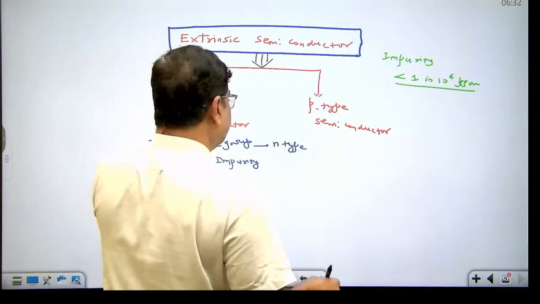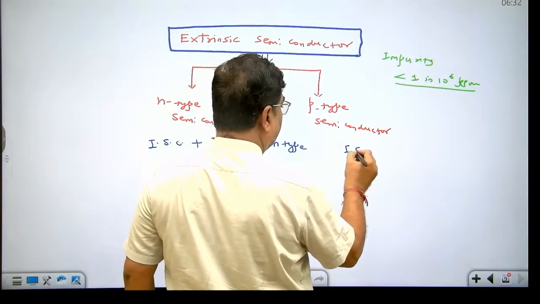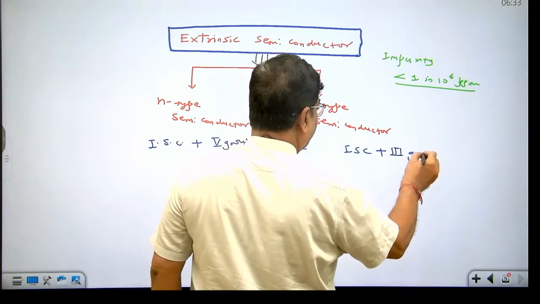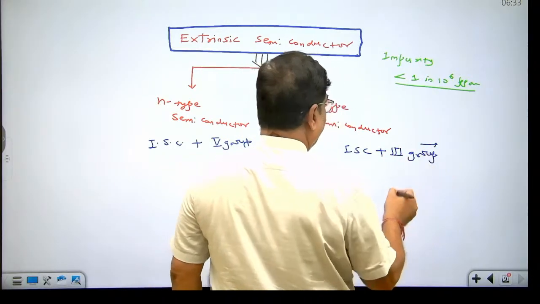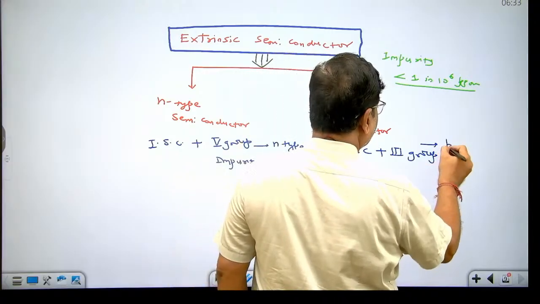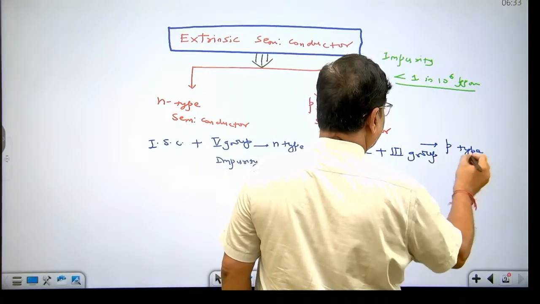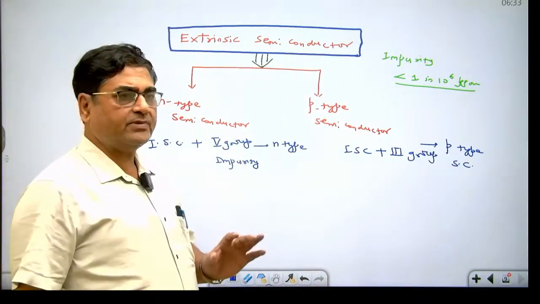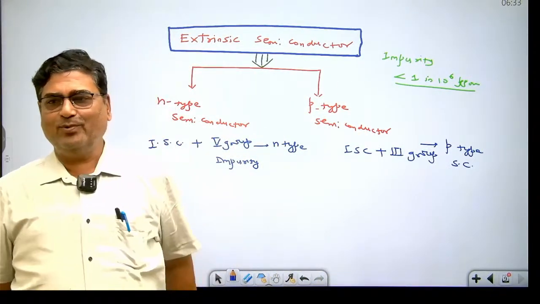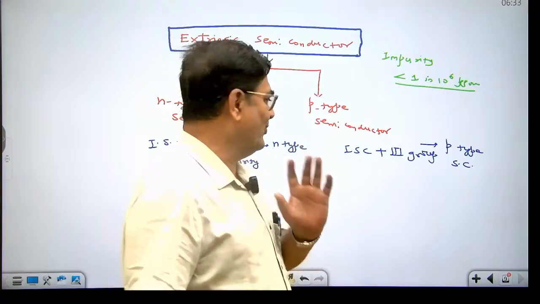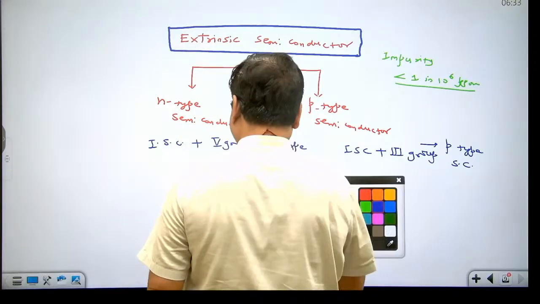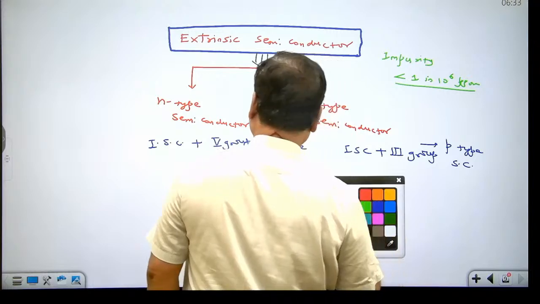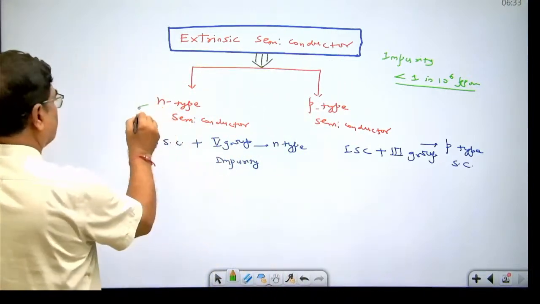And when in intrinsic semiconductor crystal, trivalent impurity, third group element, is mixed, then P-type semiconductor is formed. Dear student, both the types of semiconductor are neutral. Okay. In case of N-type semiconductor crystal, this is also neutral.